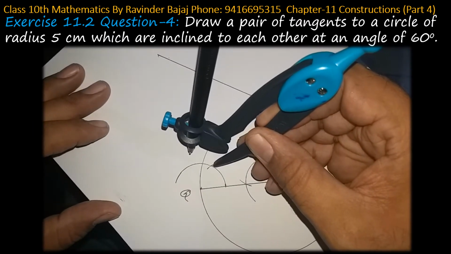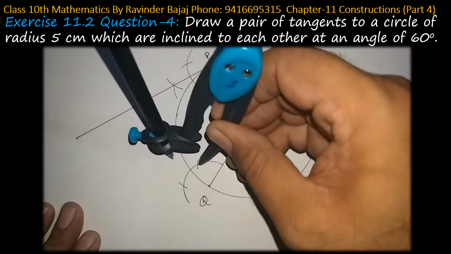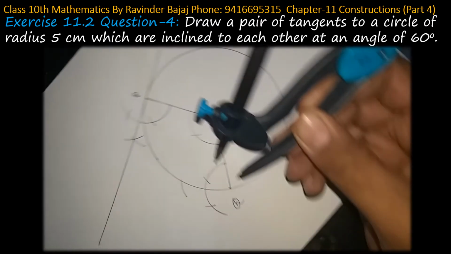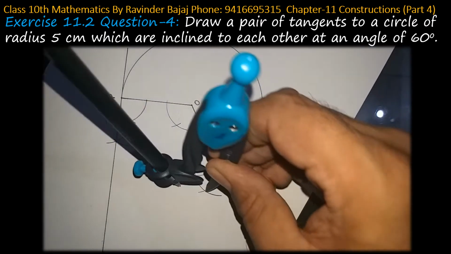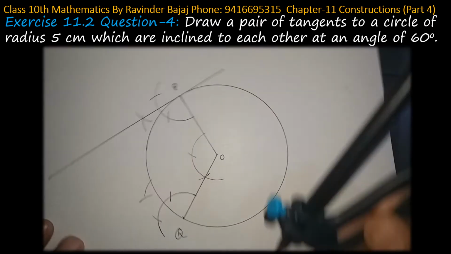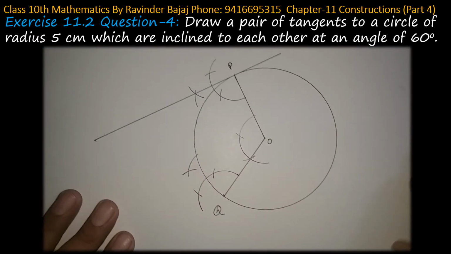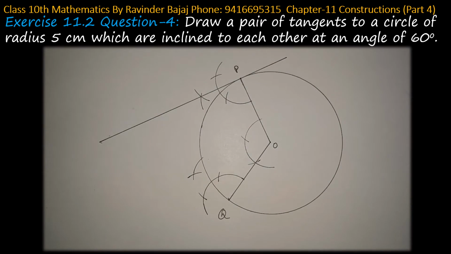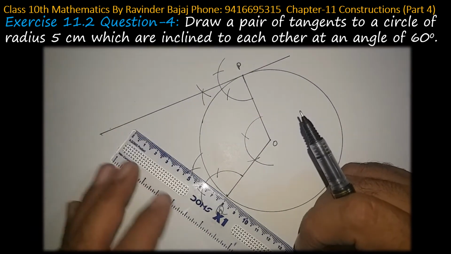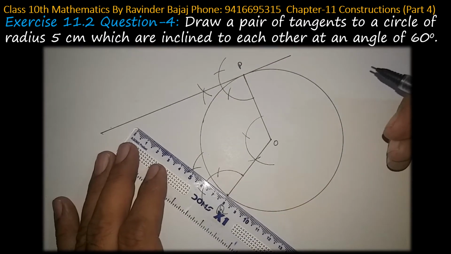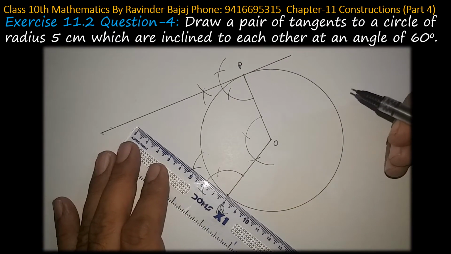In between 60 and 120, you will get a 90 degree angle. This is the 90 degree angle. Now, this 90 degree line will automatically meet the tangent at a point. So this is again a new tangent, because it is asked in the question that we have to draw two tangents. So this is the second tangent.